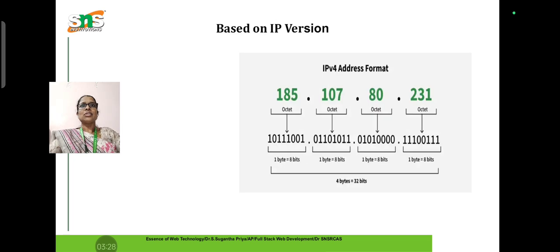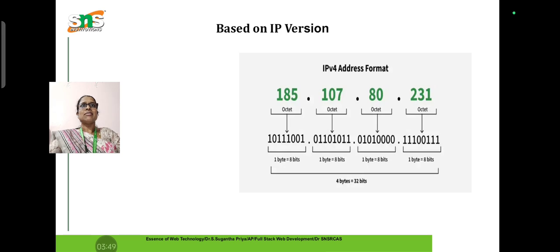Next is based on the IP version. IPv4 is the most common form of IP address. It consists of 4 sets of numbers separated by dots. This format can support over 4 billion unique addresses. Each octet represents 8 bits, or a byte, and can take a value from 0 to 255.